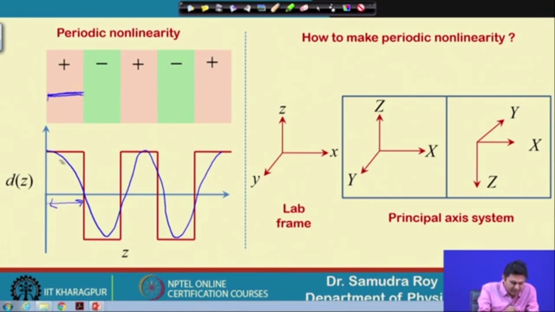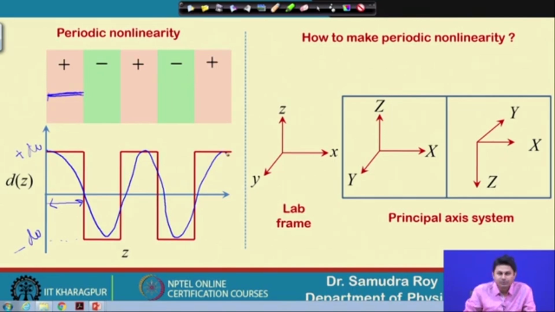In sinusoidal case the d value is changing, but if I put some crystal here, the d value remains constant from here to here. Now, what happened after this point, we will put the crystal in such a way that the value of d is negative. So, suddenly we have a drop. So, d value will go to negative side. So, if this point is plus d0, this point will be minus d0. So, it will vary like this, it will not going to vary sinusoidally.